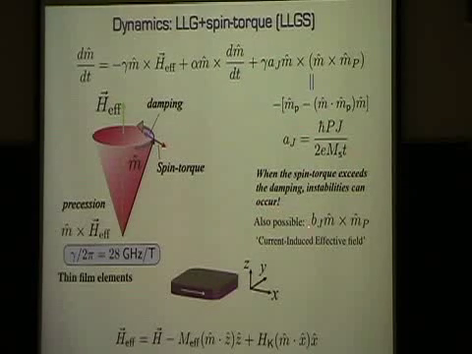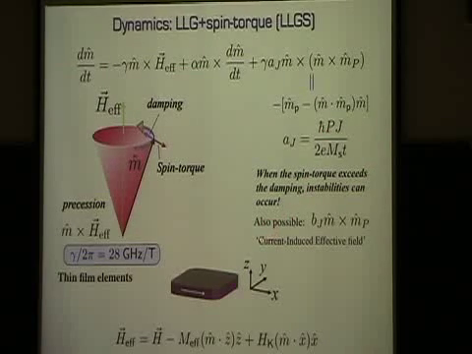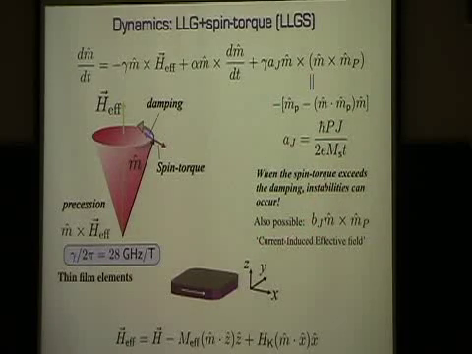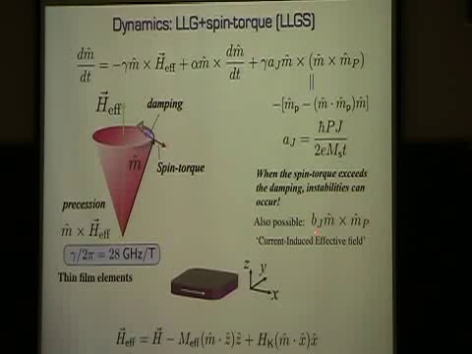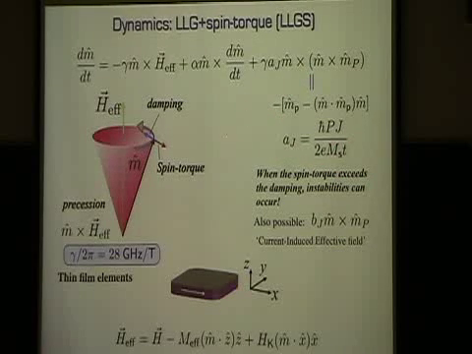This term turns out to be not as interesting as this one, because it can't lead to anything you don't have with magnetic fields. In fact, it's been shown that this term is fairly small in all metallic systems, though it can be important in certain situations in magnetic tunnel junctions. But we can focus for the most part on this interaction.